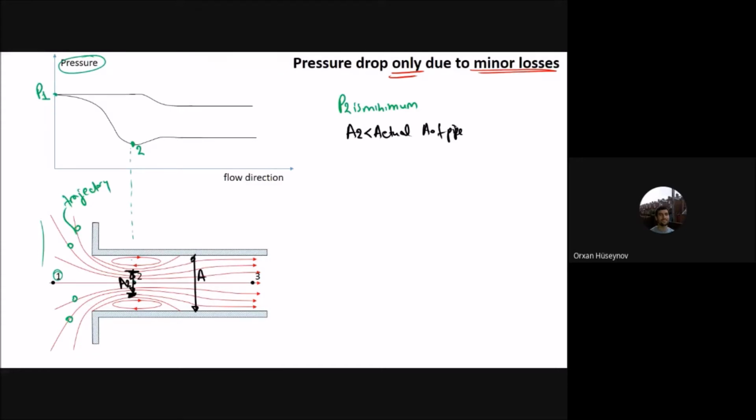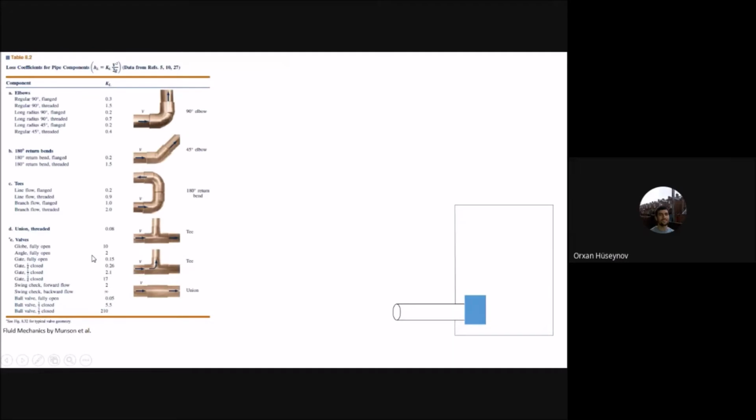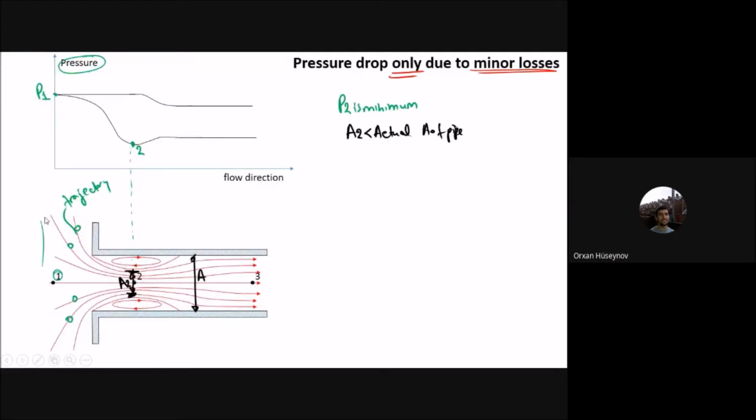And then, this small area is due to acceleration of the fluid particles. When they enter a smaller cross-section, a smaller diameter area, they accelerate, but as they accelerate, they come together, decreasing the area because velocity increases. So this area decreases, not this area, but the general area here.